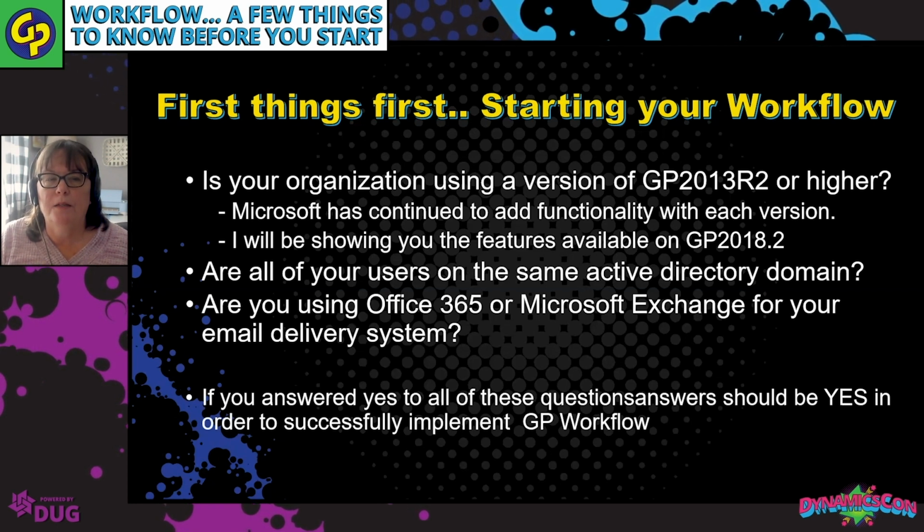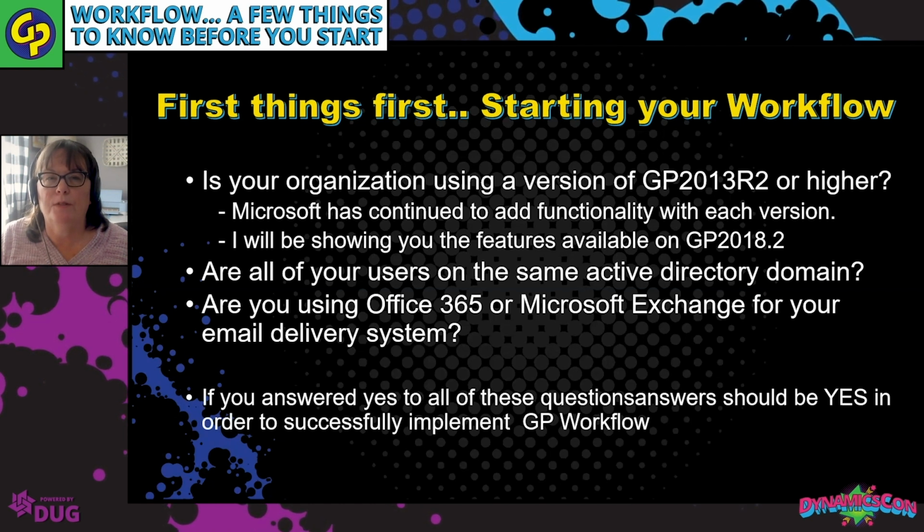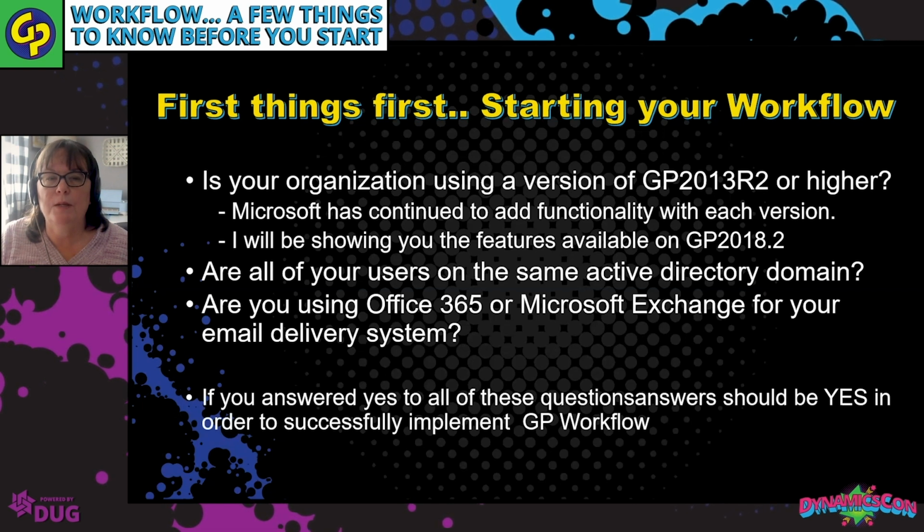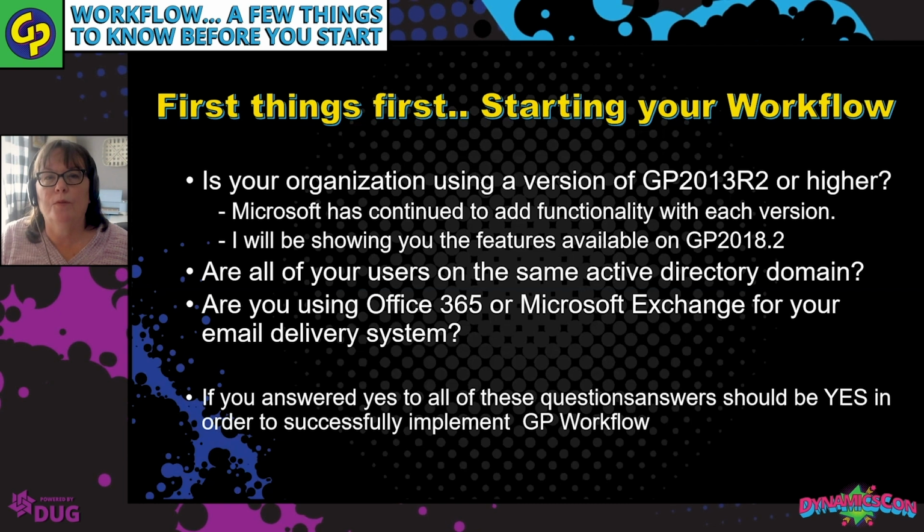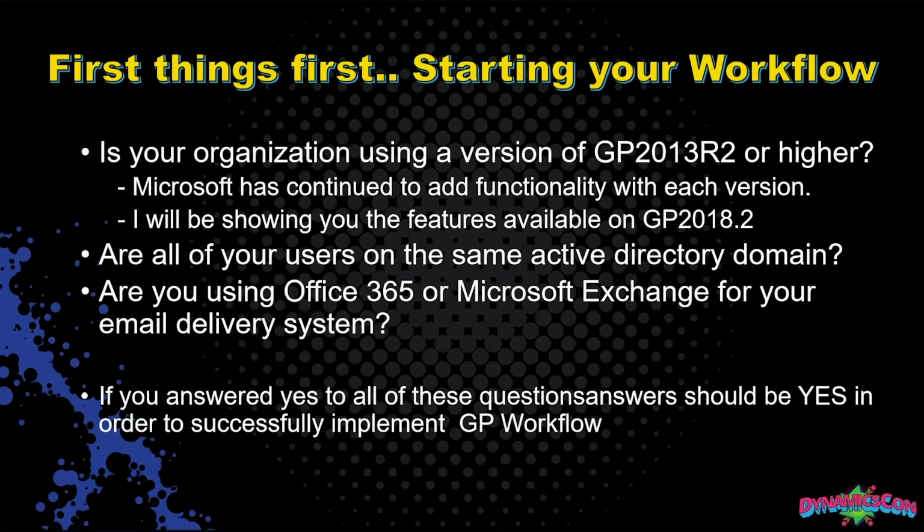The other thing is, are you using Office 365 or Microsoft Exchange for your email delivery system? You would need to be using a Microsoft email delivery system in order for workflow to work for you properly. So if you answered all these questions yes, then you would be able to successfully implement GP workflow.